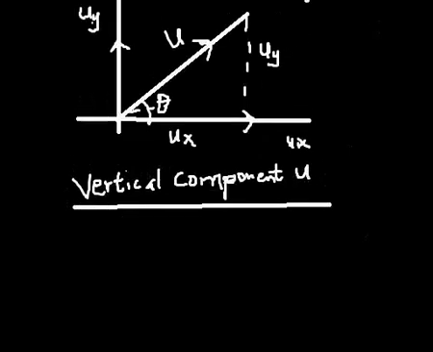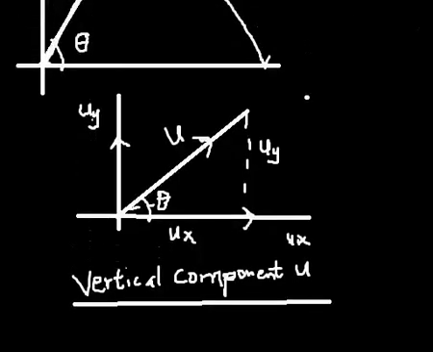So if I'm considering it in the vertical dimension, and that is uy, and if you look at this triangle here, it's actually a right angle triangle, where the vertical I'm looking at is the opposite of this triangle, while the vector itself is the hypotenuse.